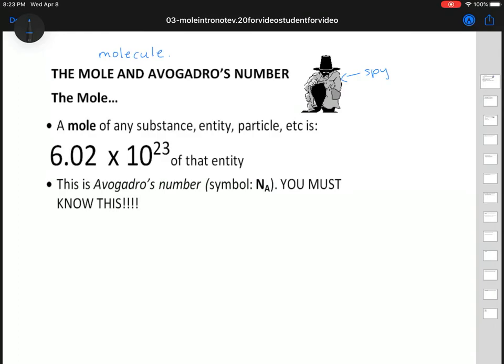And so we have to convert between things that we can see in a chemistry lab, like grams, and the atomic level as well. When you weigh out a mass in grams, mass is a measure of how much matter there is.